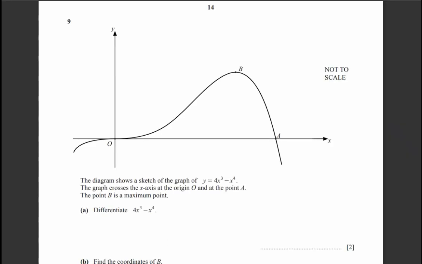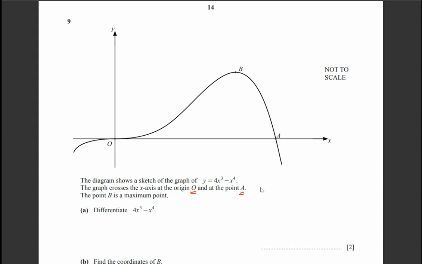For the next question, question number 9. The diagram shows a sketch of the graph y equals 4x^3 minus x^4. The graph crosses the x-axis at the origin and at the point A. That means the graph will cross the x-axis, and crossing the x-axis means y equals 0.